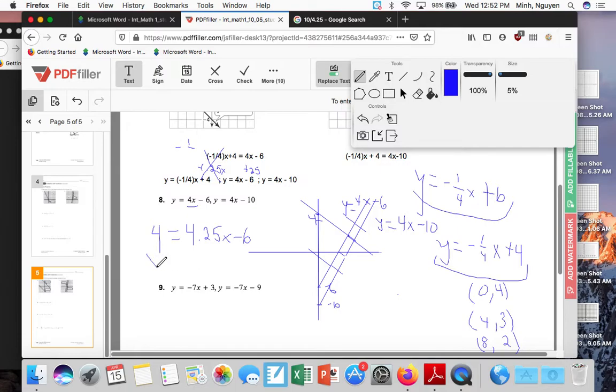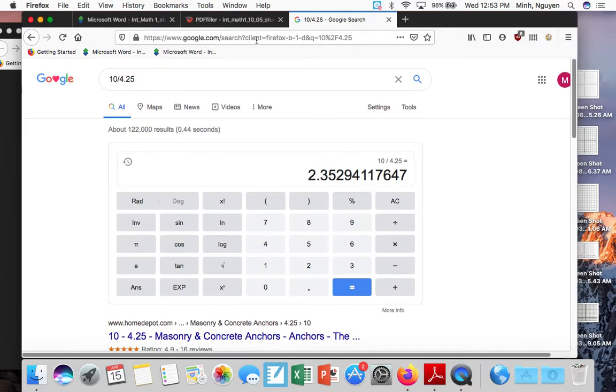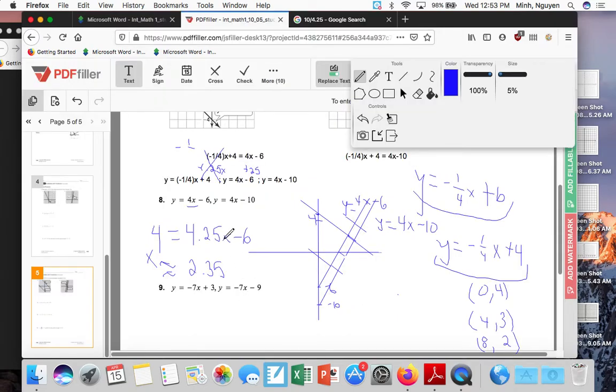So x is about 2.35. To get the y value, I'm going to take this 2.35 and plug it in. You could use the left side of the equation or the right side, it doesn't matter.